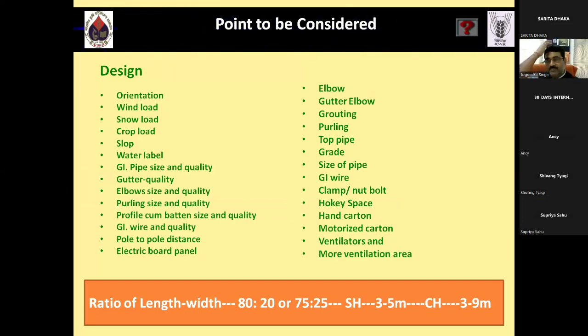Everybody's engineering words like orientation, wind load, snow load, crop load, slope, water level, GI pipe size and quality, gutter quality, elbow size and quality, purlin size and quality, profile size, GI wire and quality, pole to pole distance, electric board panel, elbow, gutter elbow, grouting, purlin, top pipe, grade pipe, size of pipe, GI wire, clamp, nut bolt, hockey space, hand curtain, motorized curtain, ventilation, ventilator, more ventilator area. These are the engineering terms.